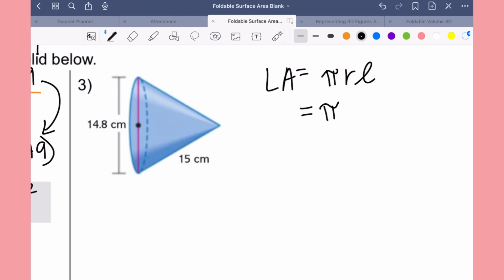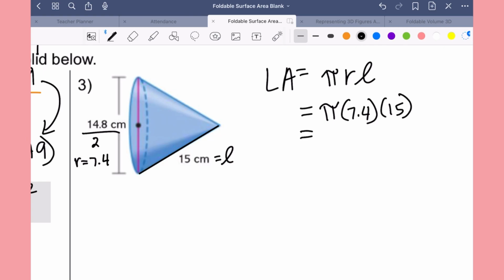So pi times my radius. Oh, this one's different. I can't use 14.8. 14.8 is the diameter. They even showed you there, so we have to half that. Half of 14 is 7. Half of 8 is 4. My radius is 7.4. My slant height right here is 15.